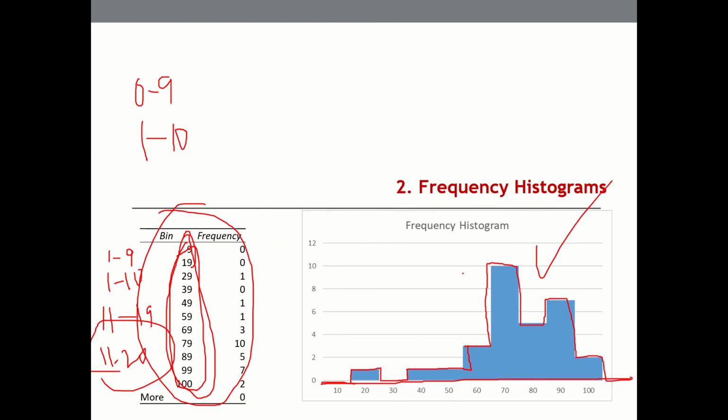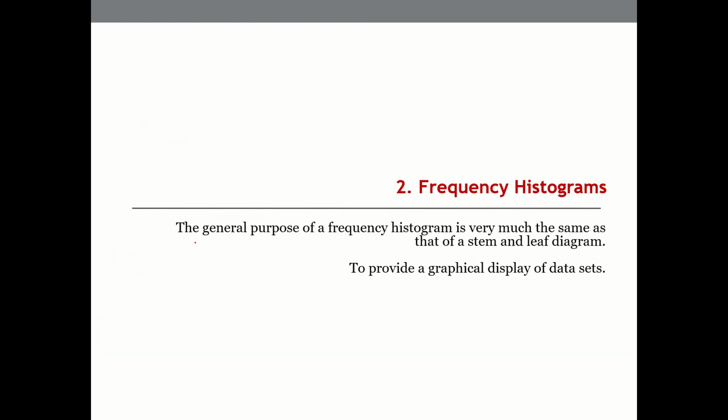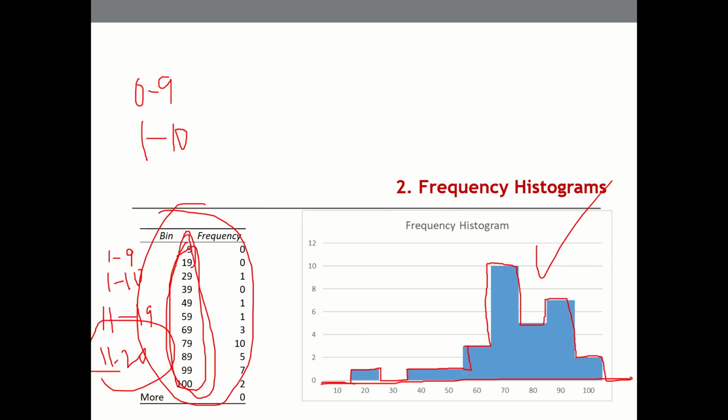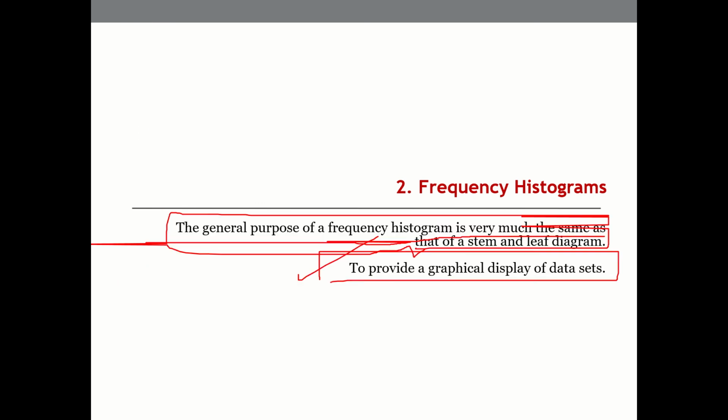However, this is a graphical way of representing the same data set. The general purpose of a frequency histogram is very much the same as that of the stem and leaf diagram. However, this helps in providing the data set in a graphical manner.